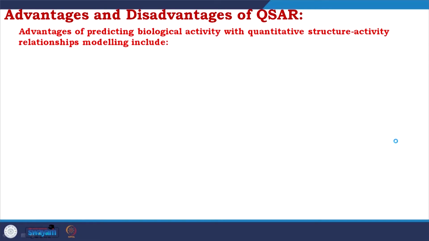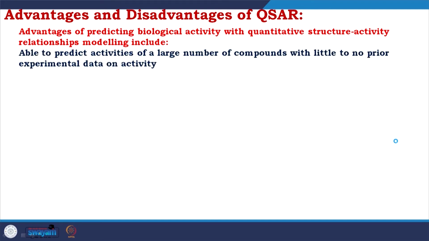Advantages of predicting biological activity with quantitative structure activity relationship modeling include: it is able to predict activities of a large number of compounds with little to no prior experimental data on activity. So, we will talk about later one of the biggest problems, which we also discussed in the previous class, that modern day drug discovery takes a lot of time and, more importantly, takes a lot of money.